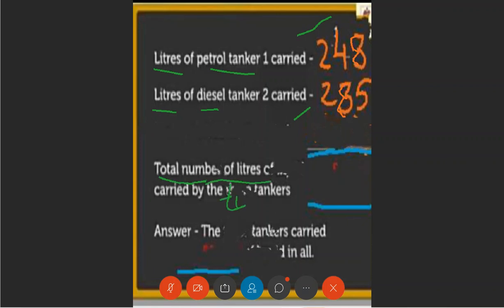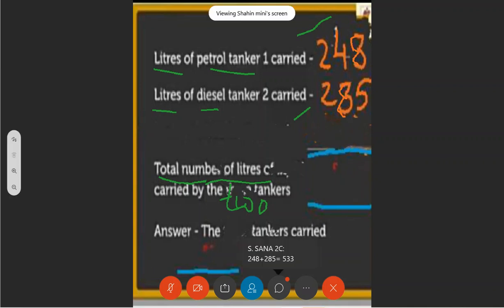By both the tankers, how much? Let's add, total we want. 8 plus 5, 8 in the mind, 5 in the fingers.